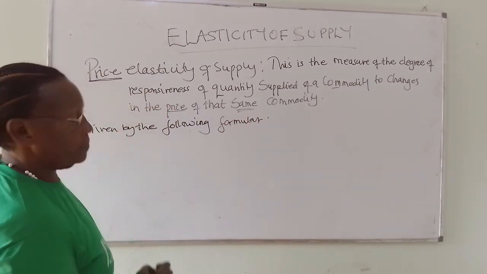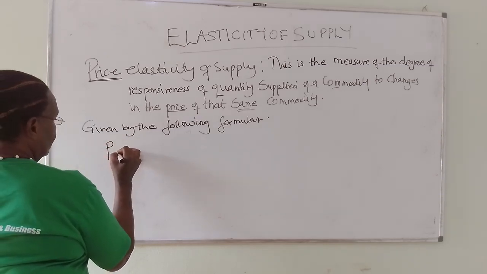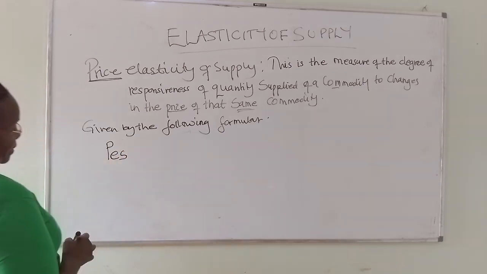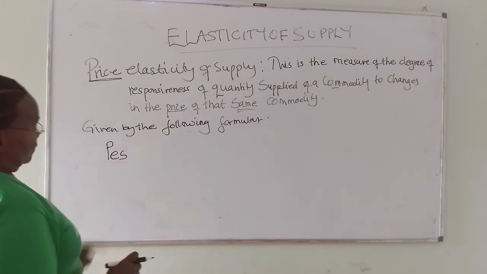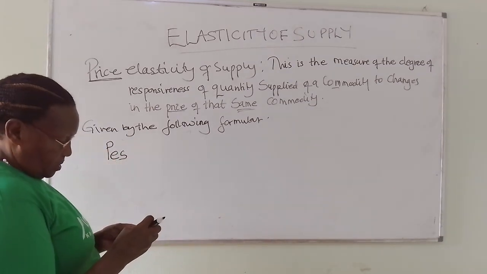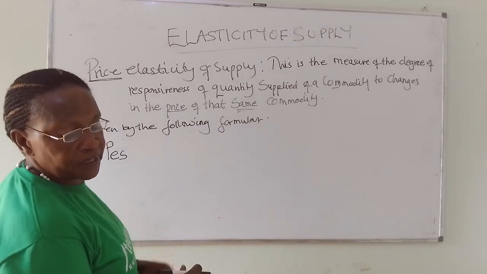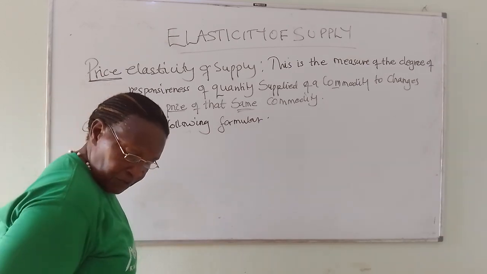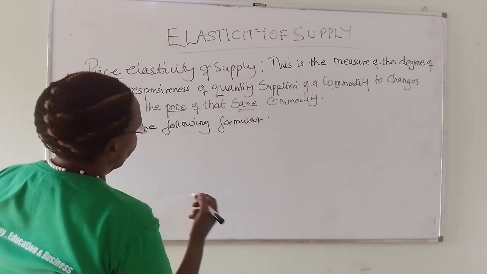Where P stands for price, E stands for elasticity, S stands for supply. So wherever you see PES, it stands for price elasticity of supply, and these abbreviations in economics, where they stand for words or formulas, are accepted. So we can first begin writing it in full, and then we can use the abbreviation later.